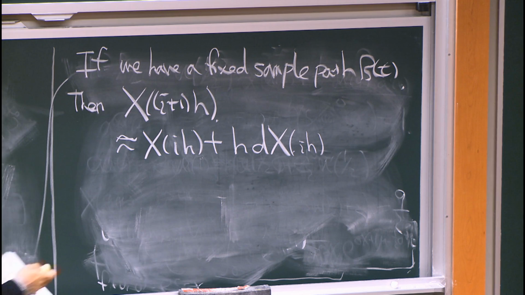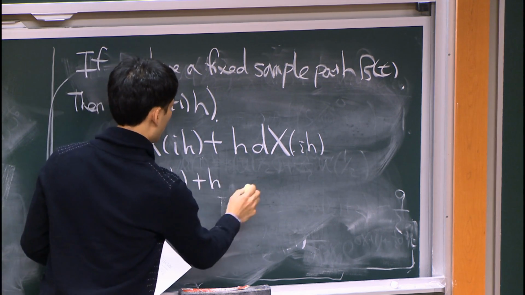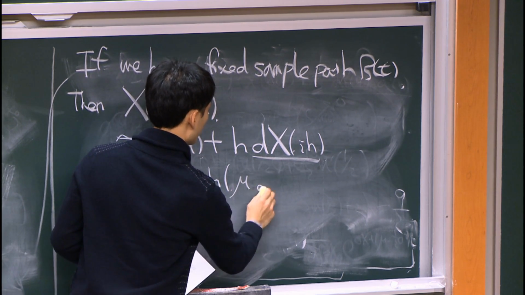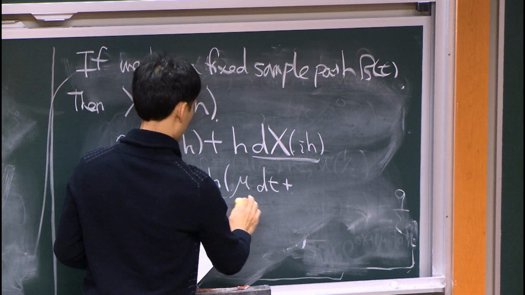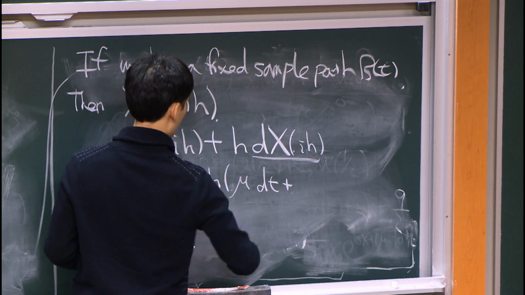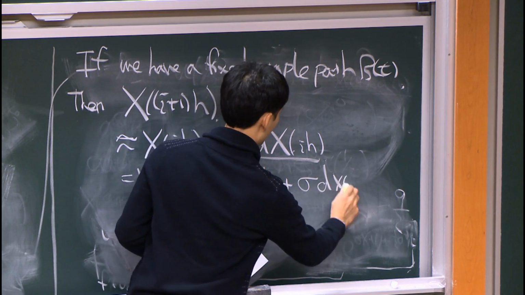And then dx we know to be equal to mu dt plus sigma dB. Mu dt is h, so let me write it like that.